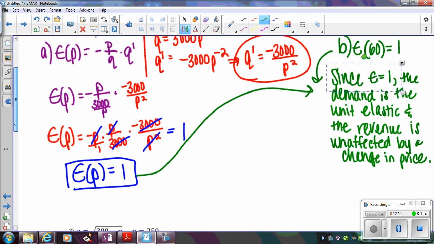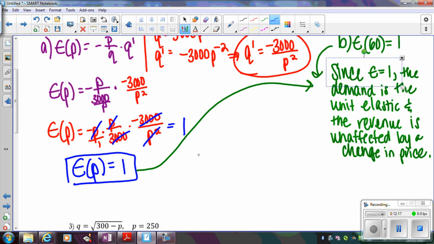Then the last part, C, is to find the price where revenue is maximized. If we're trying to find the max, remember that's where you set epsilon equal to 1. Well, epsilon already equals 1.